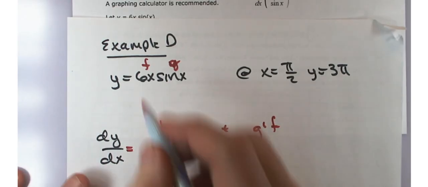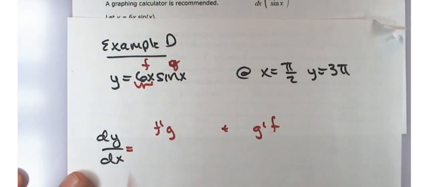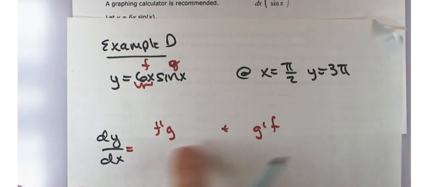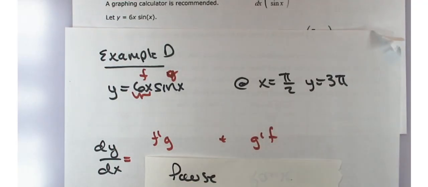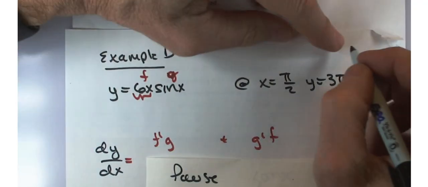Now f is going to be the 6 and the x, that whole term out in front. So I'll give you a minute to try and fill that in. See what you can come up with. If you're watching this at home later, give yourself that same opportunity. See if you can't fill that in.